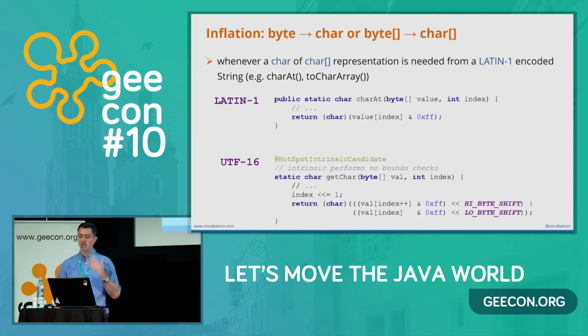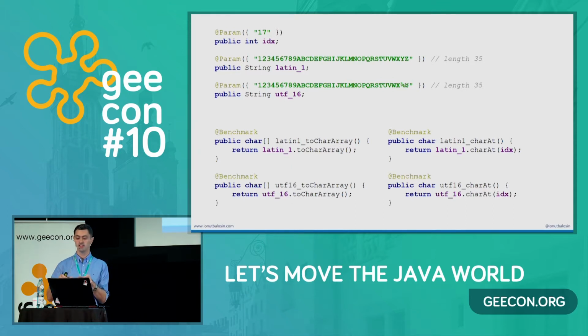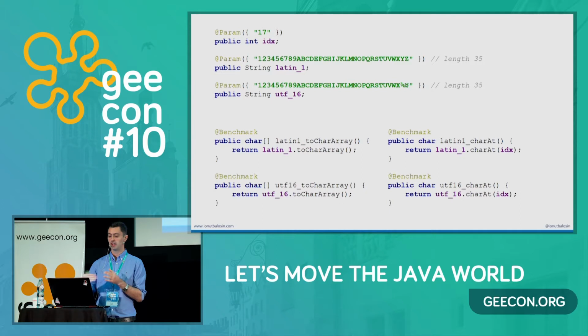And I did some tests because I was curious how the performance is impacted in JDK 9. I took these 2 methods, toCharArray and charAt, and I created a few benchmarks using Latin 1 and UTF-16 strings. As you can see, for example, the first string is Latin 1 and the second is UTF-16. Why? Because it ends in those weird characters which couldn't be compressed, so implicitly it is stored using UTF-16.